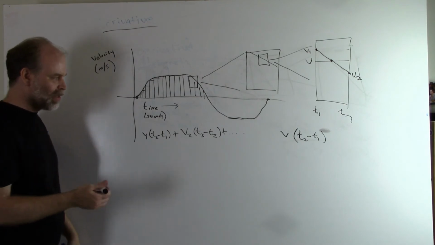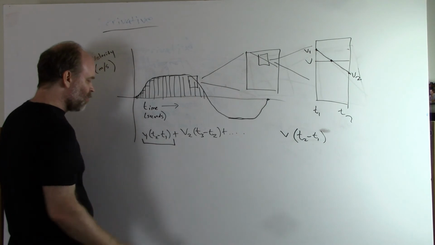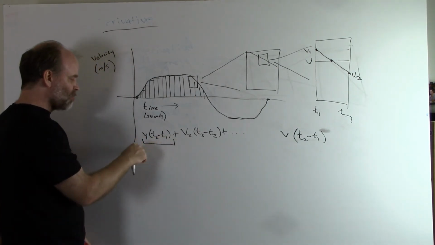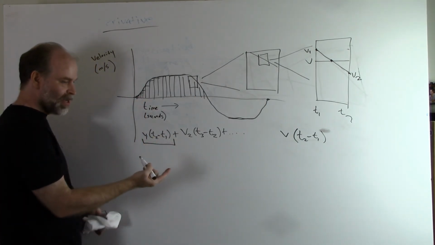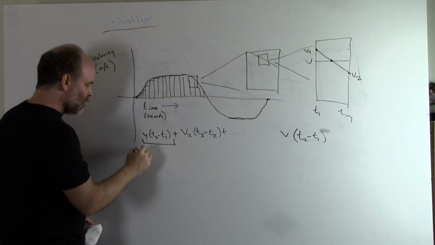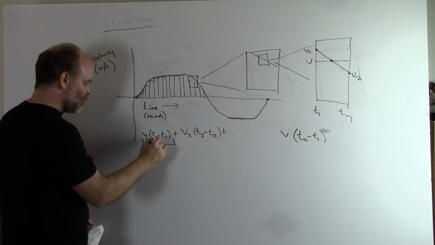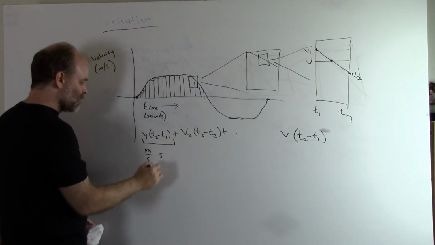Also, let's take a look at the dimensions that we're dealing with. So each one of these little things that we're adding up, these products, which correspond to the areas of rectangles underneath this curve, we're multiplying velocity, which is meters per second, and we're multiplying it by seconds.